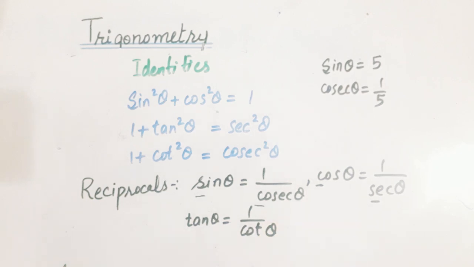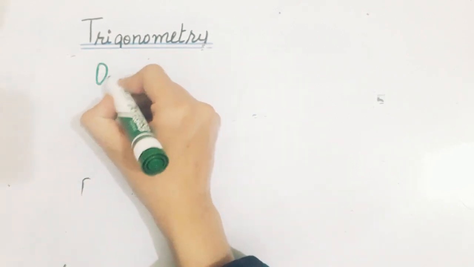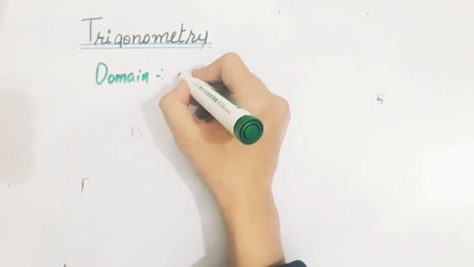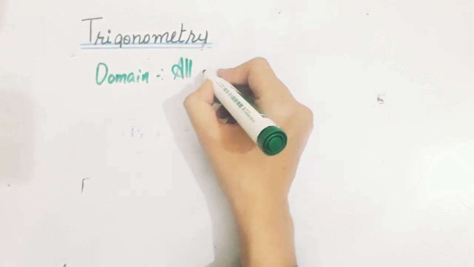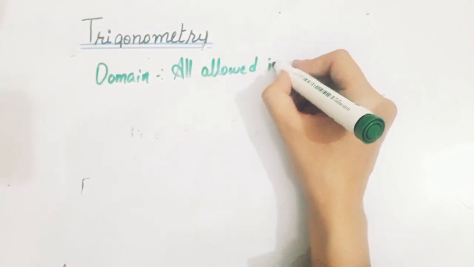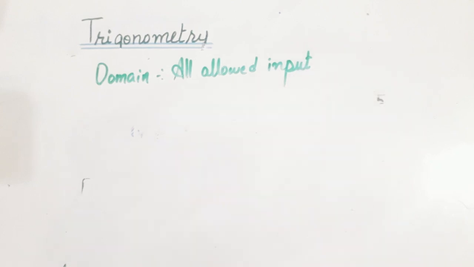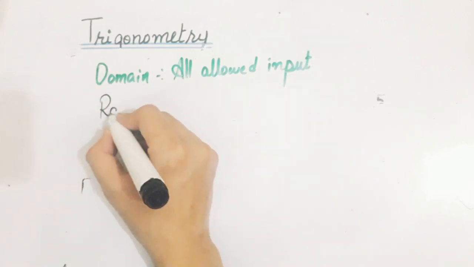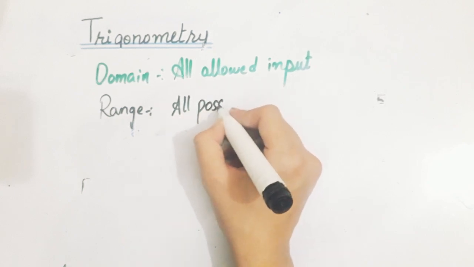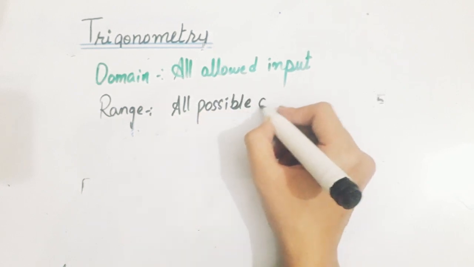Now I will tell you what is the domain and range. Domain is basically all allowed input. All values that we allow are called input, and range is all possible outcome values.